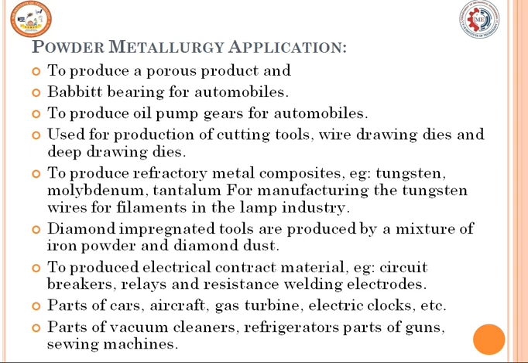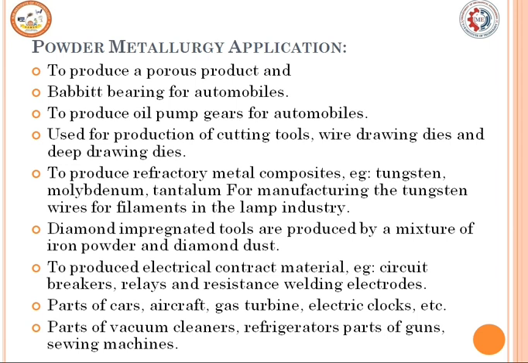Powder metallurgy applications are to produce porous products, babbitt bearings for automobiles, and oil pump gears for automobiles. It is used for production of cutting tools, wire drawing dies and deep drawing dies. It is used to produce refractory metal composites like tungsten, molybdenum and tantalum, for manufacturing tungsten wires for filaments in the lamp industry.